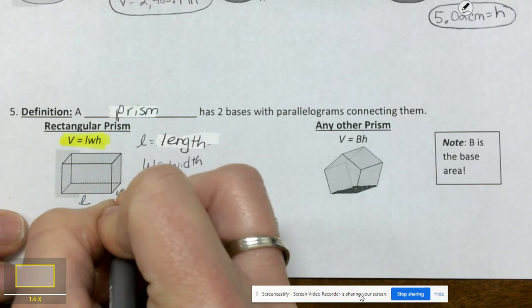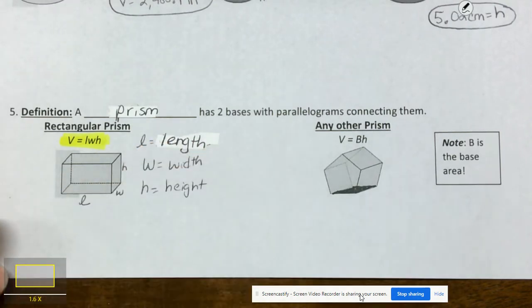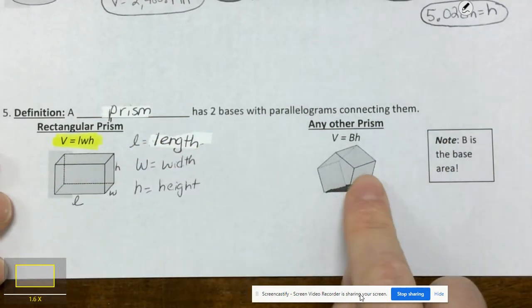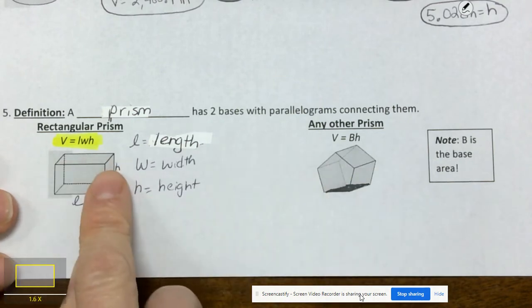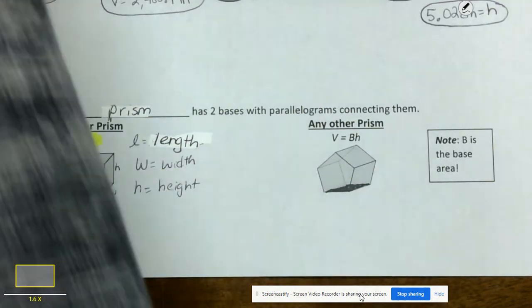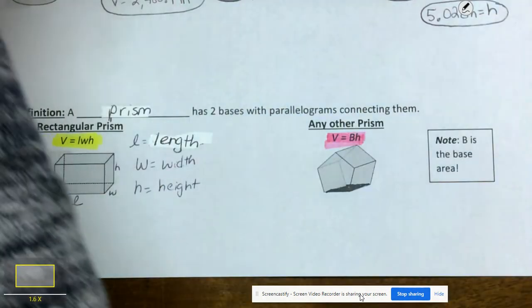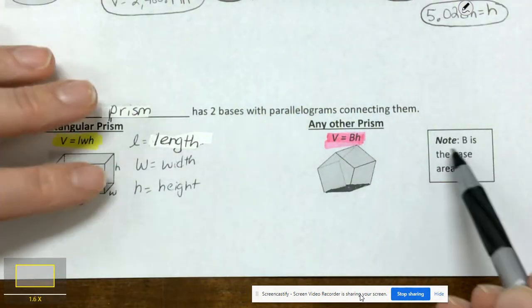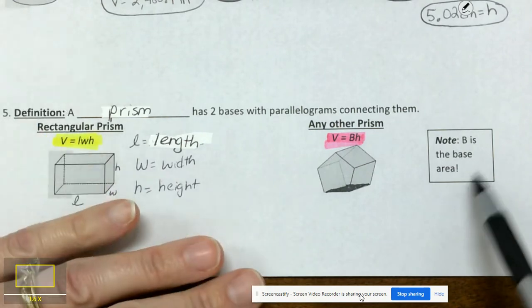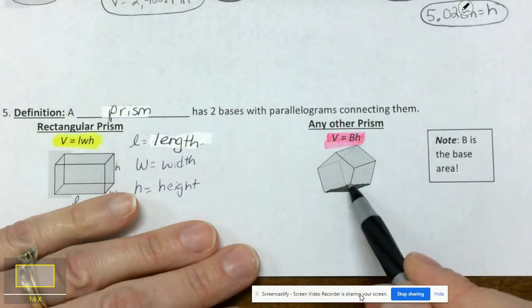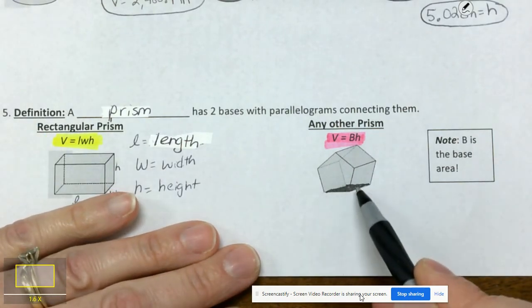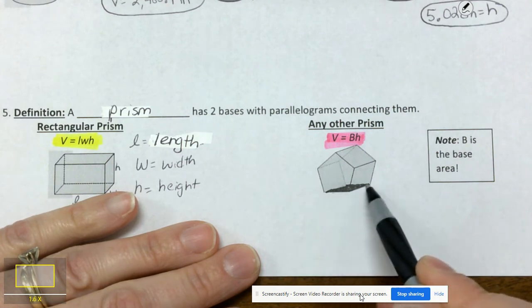Length, width, and height. If you have any other kind of prism other than a rectangular one, then your formula is V equals the base times the height. And note, B is the base area. So like for this one, I would have to find the area of this base.